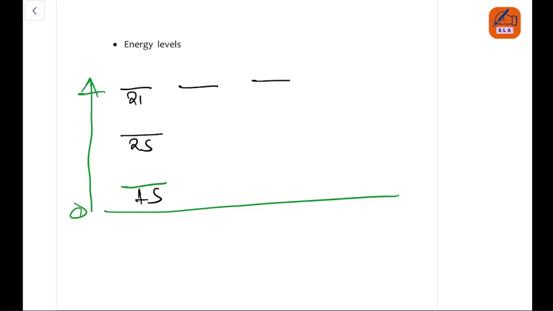the 2p orbitals. This is 2px as I showed you, this is 2py, and this is 2pz. So the total is 5 orbitals, and the first orbital is occupied by 2 electrons, and the 2s also by 2 electrons, as we will come to learn. So these are energy levels of orbitals.